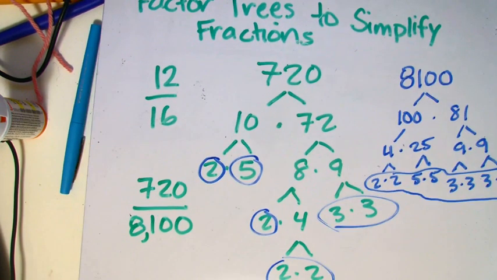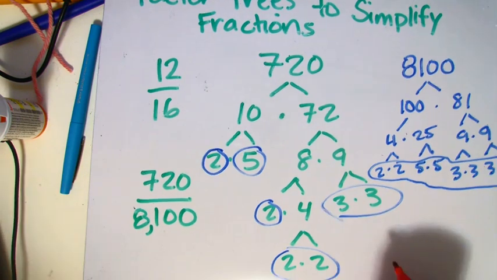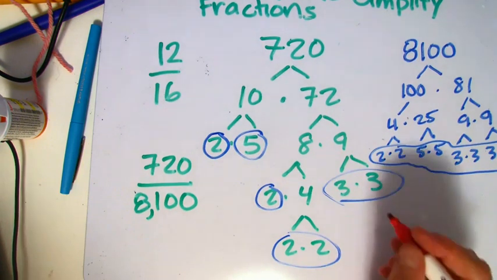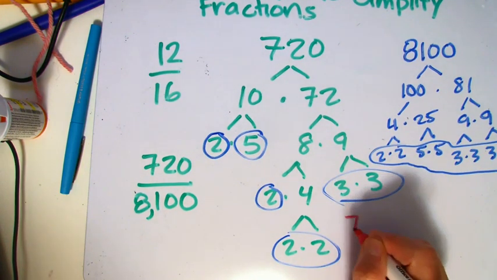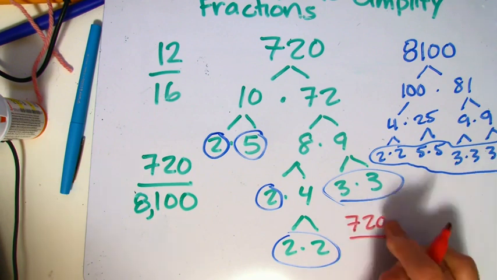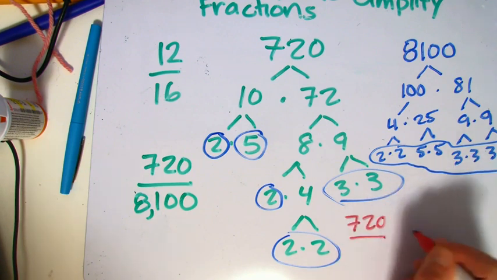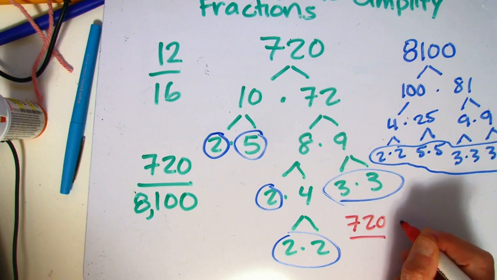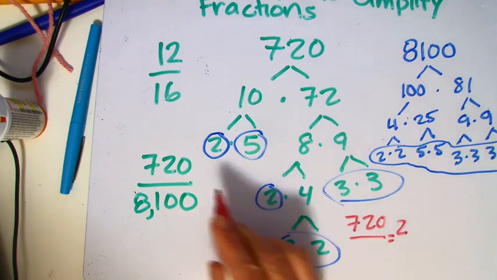So like the last problem, we're going to list all of the factors for each term and then cancel out common factors. So for 720, I have 2, and it doesn't matter if it's in order.